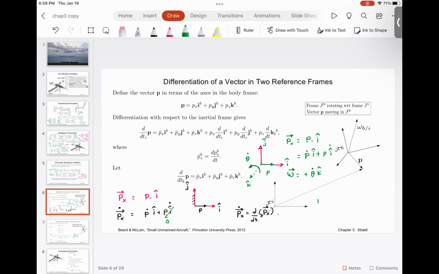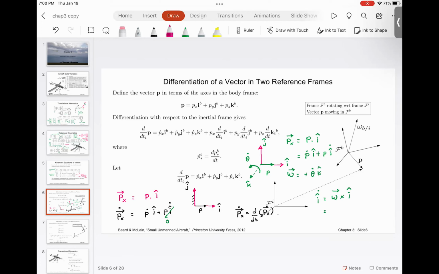So what that means is I will write this over here. I dot is equal to omega cross I. So omega cross I. So I'm going to define what omega is.